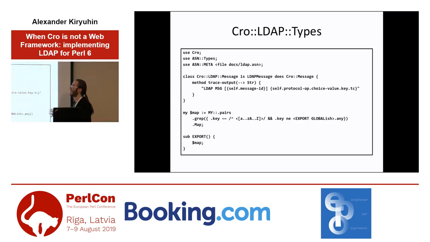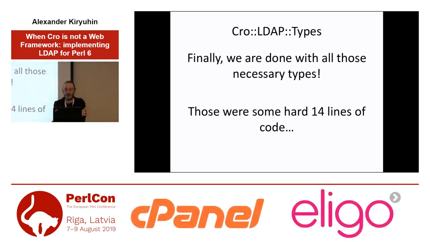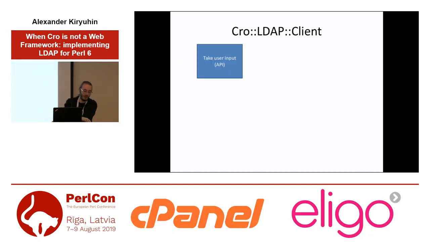So we just re-export our things imported in this module to all other modules. So it is basically everything. We are done with types. Those 14 lines of code were quite hard to write, and now we are on the client.